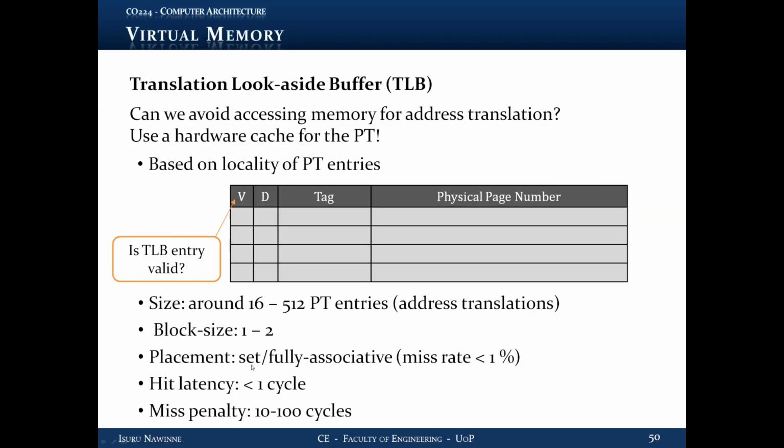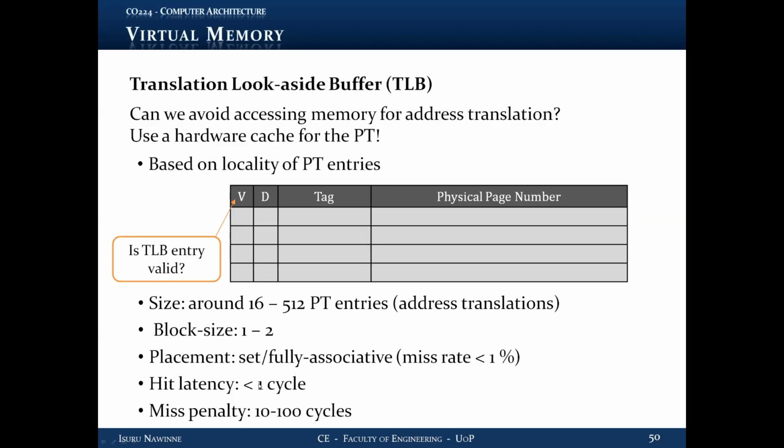So placement is usually set associative, or even fully associative for smaller TLBs. We need that to keep the miss rate as low as possible. Miss rate is usually less than 1% in TLBs, so more than 99% of TLB accesses should be hits, right? That is why we go for fully associative or set associative placement rather than direct mapped placement.